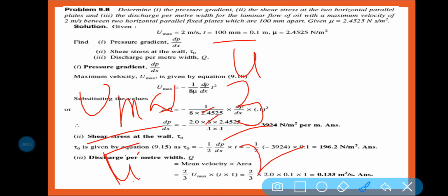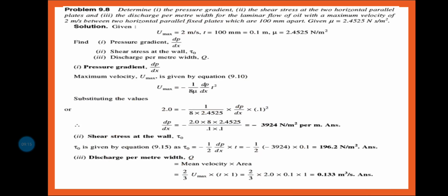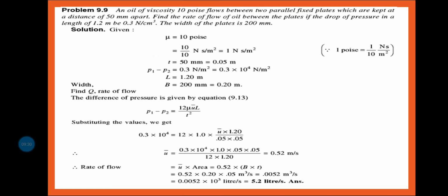So u bar is equal to 2 by 3 u max, isn't it? And u max you know 2 meter per second, and t is equal to 0.1 because it is given 100 mm. So ultimately the answer is 0.133 meter cube per second. So discharge per meter width, q is equal to 0.133 meter cube per second.